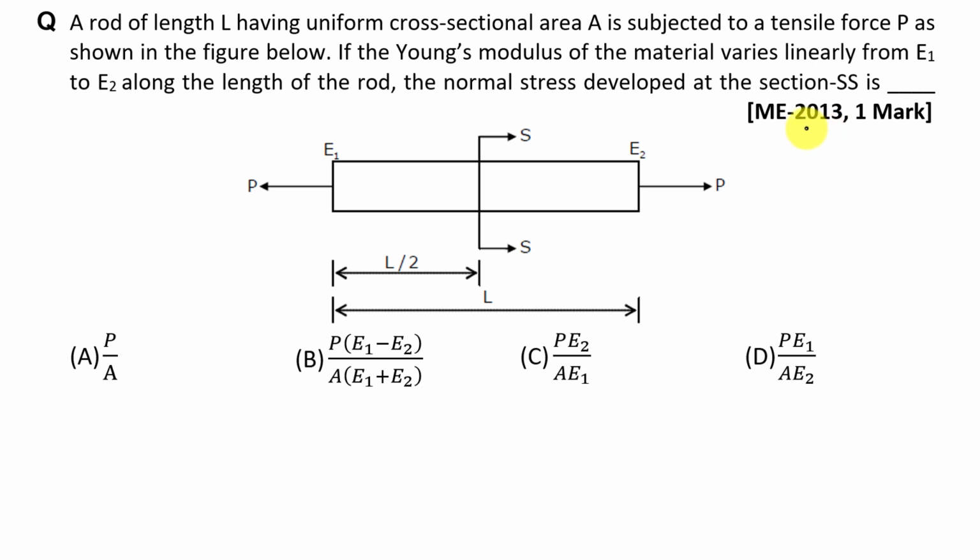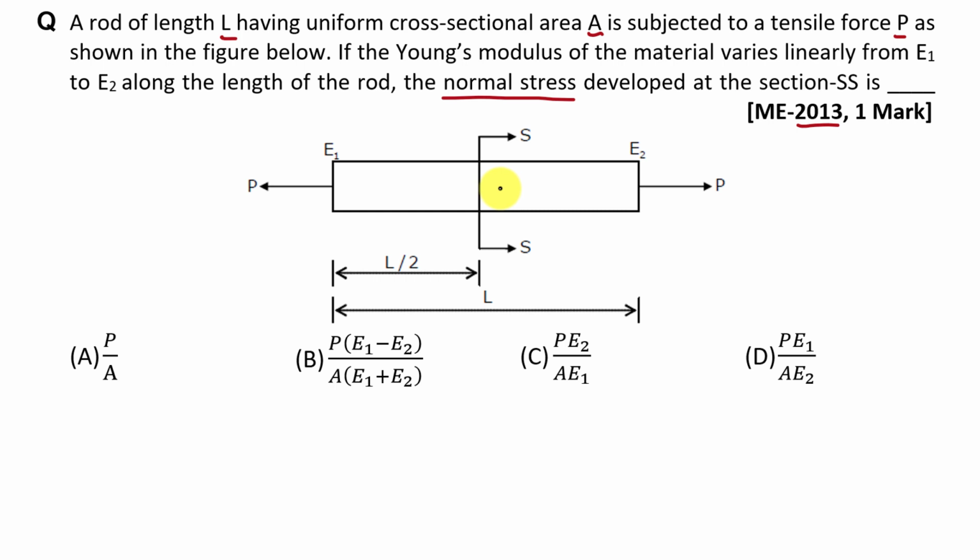Next question is from year 2013. A rod of length L having uniform cross-sectional area A is subjected to a tensile force P as shown in the figure below. If the Young modulus of the material varies linearly from E1 to E2 along the length of this rod, the normal stress developed at the section SS, that we have to find.